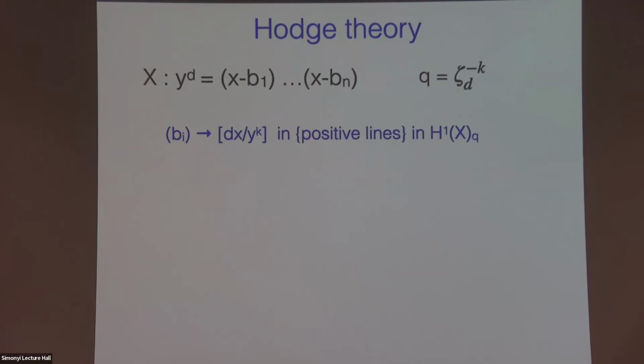The integral of a holomorphic form, wedge its complex conjugate, is positive. So it gives you a positive line in this space with a possibly indefinite Hermitian form on it.